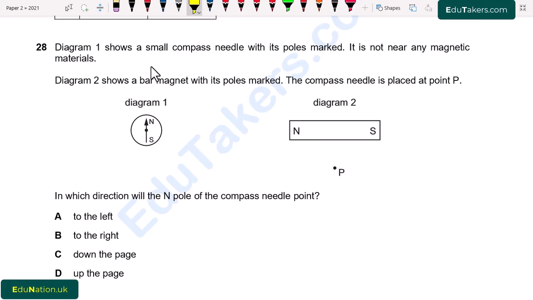Diagram 2 shows a bar magnet with its pole marked. The compass needle is placed at point P. Here is diagram 1 which just shows the compass needle, and in diagram 2 we have placed a magnet very close to the point P. In which direction will the north pole of the compass needle point?